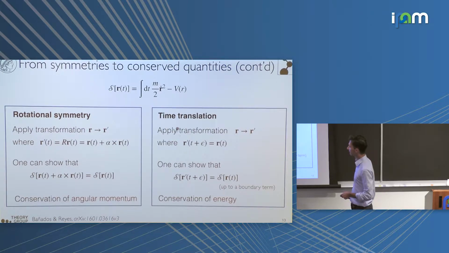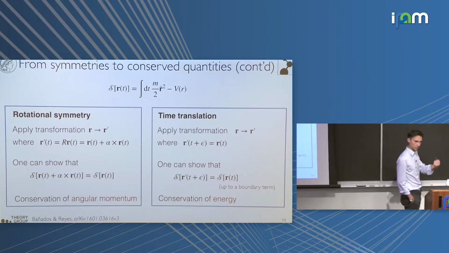You can do the same thing for time translation, where you apply again a transformation of r to r prime, where you take r prime of t plus a small epsilon as being r of t. So you can see you're just time translating your trajectory. And likewise, you can also show that the action under this transformed coordinate is equal to the original action, and this is up to a boundary term.